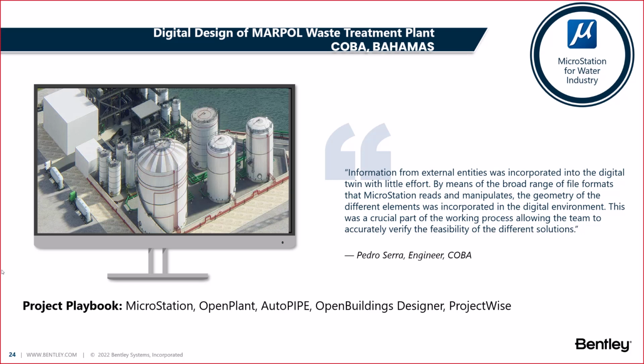The multidisciplinary design team faced a limited footprint with a complex piping layout. So OpenPlant and AutoPIPE helped model and analyze design alternatives for the piping and equipment. OpenBuildings Designer was used to identify and resolve conflicts between the piping layout and structural elements, and the interoperability of MicroStation facilitated development of a digital twin.